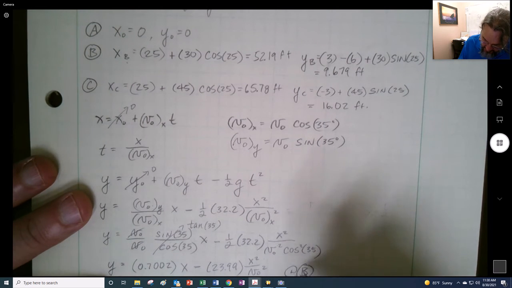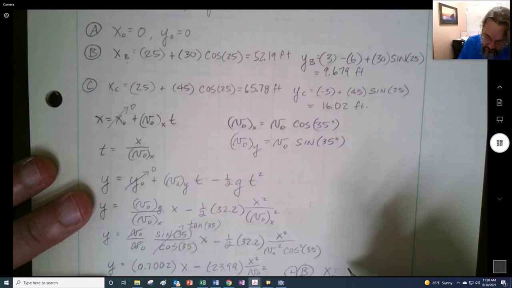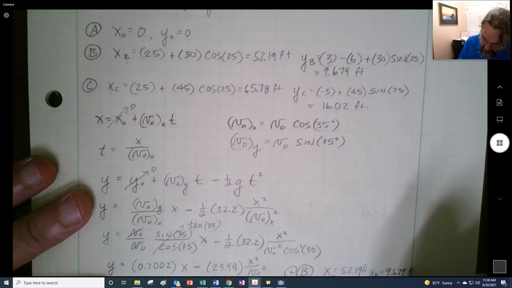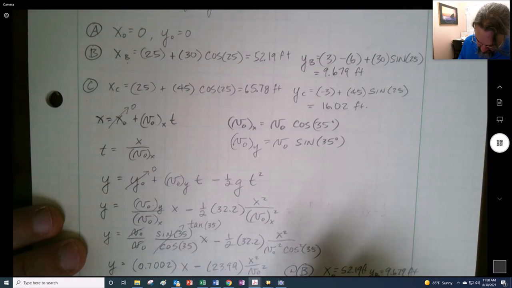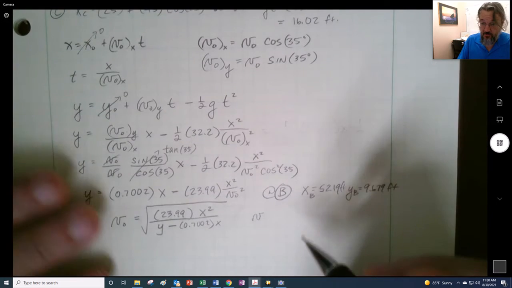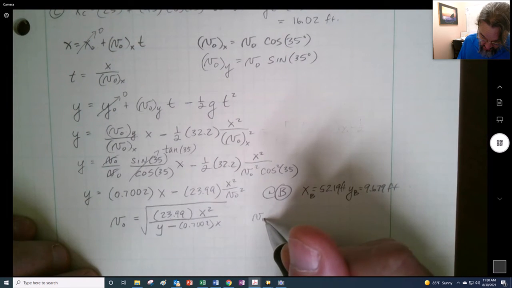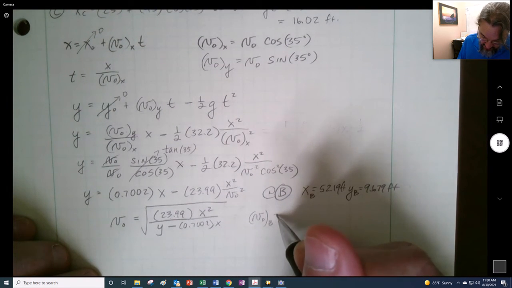So at B, xB is equal to 52.19 feet, and yB is going to be equal to 9.679 feet. So if I put that in, I'm going to have VO at B, I guess.